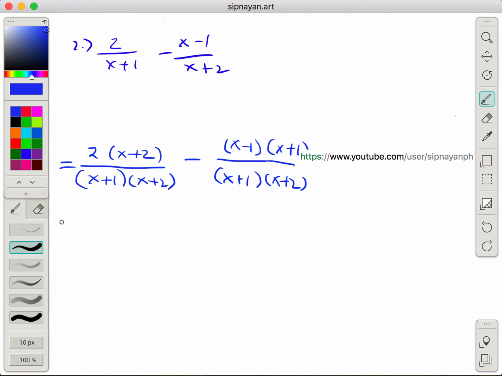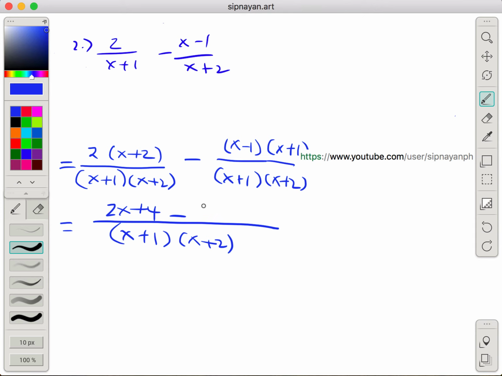Now, to simplify, pareho yung denominator. Pwede na natin siyang ilagay na as one fraction or as one rational expression. Okay? So, 2 times quantity x plus 2 is equal to 2x plus 4. And then minus, remember yung buong ito, no?